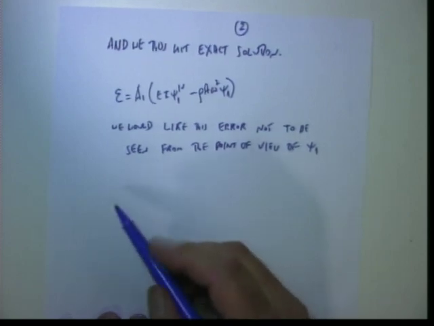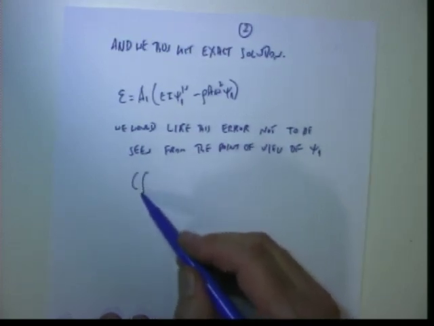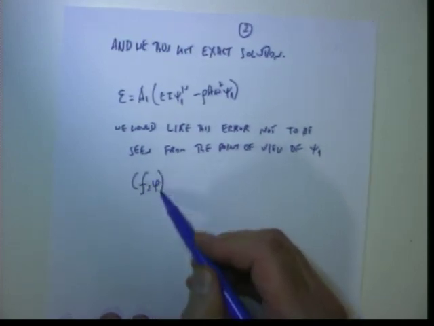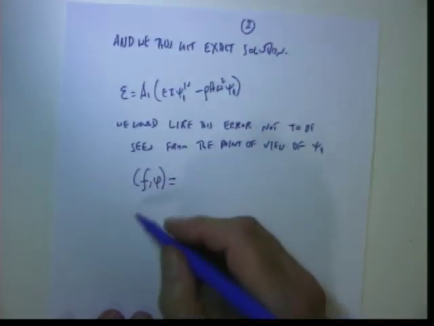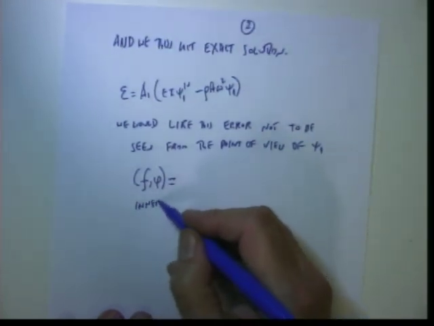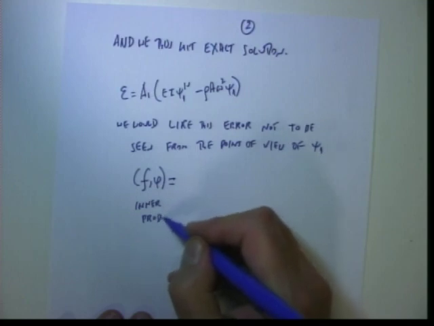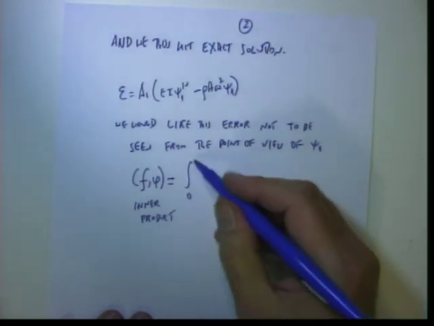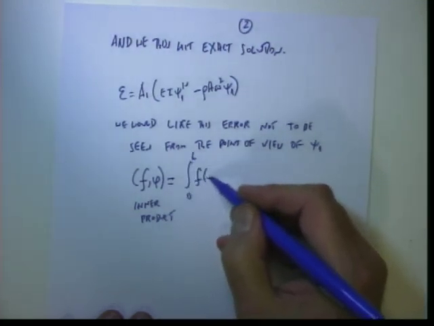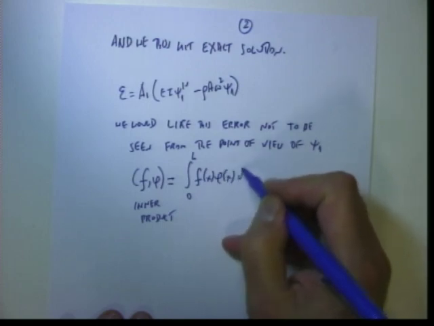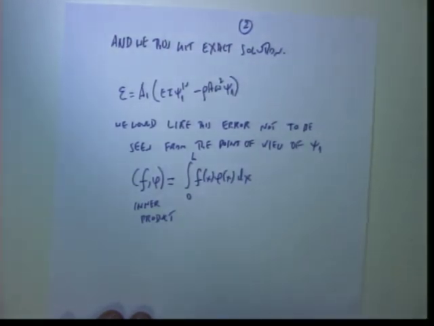Now we denote two functions f, phi. So that is an inner product, which we define as the integral between 0 to L of f of x times phi of x dx. Okay, we define such an inner product.